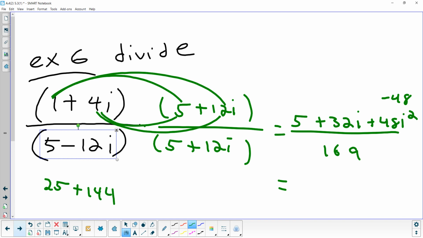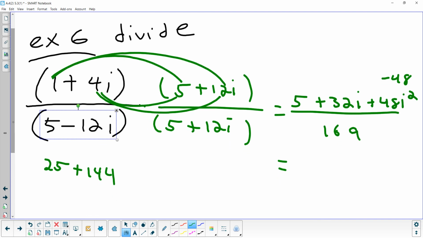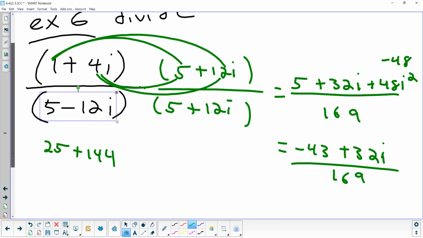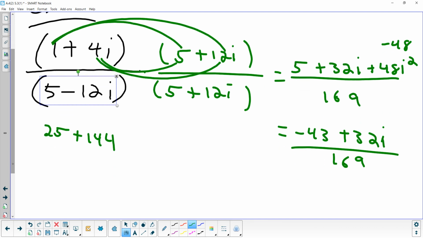So in the top, I'm going to have 5 take away 48. That's negative 43 plus 32i over 169. Okay, the last thing, which I probably would have done as I wrote that answer, is just to split it into 2 fractions.